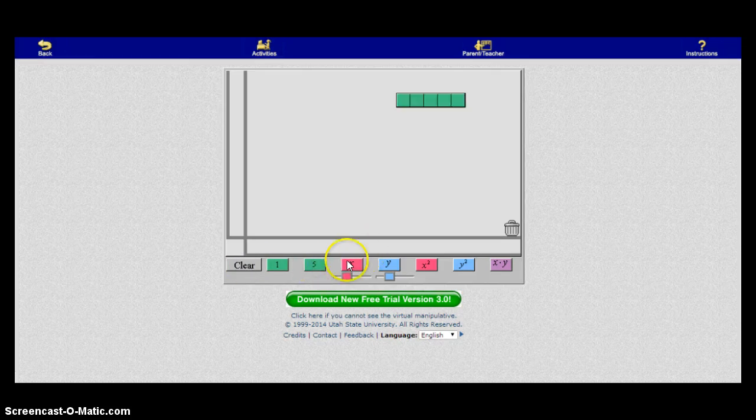So if we had 5x 3 times, you can see how that's represented.